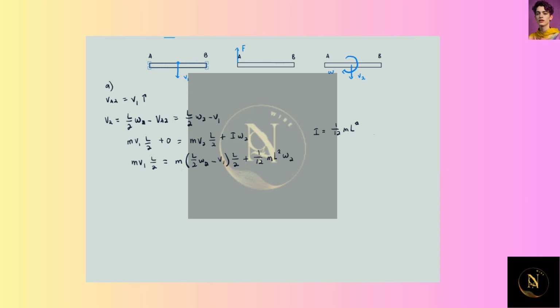Simplifying, it would be M V1 L/2 equals M L squared over 4 omega 2 minus M V1 L/2 plus 1/12 mL squared omega 2.